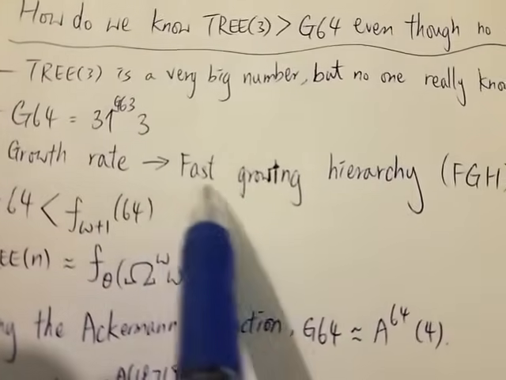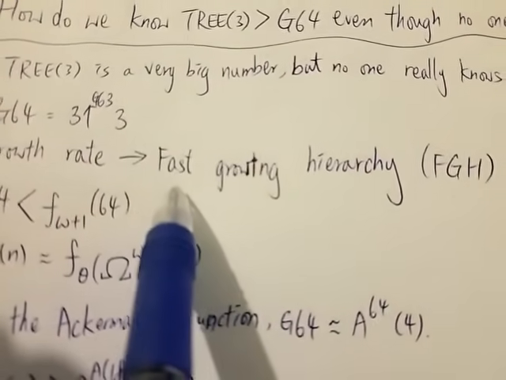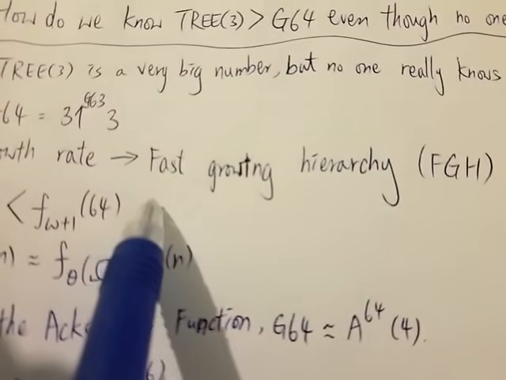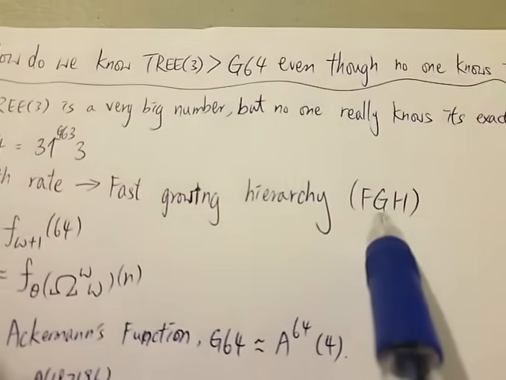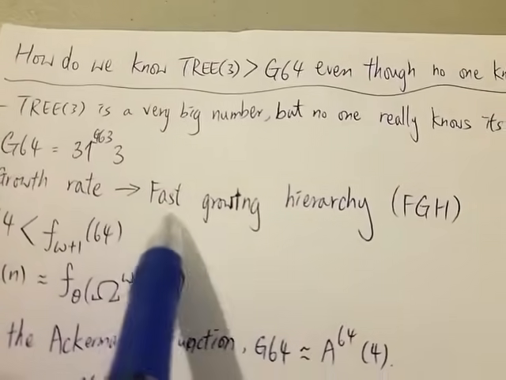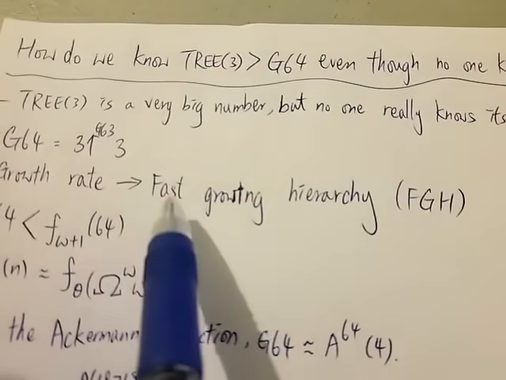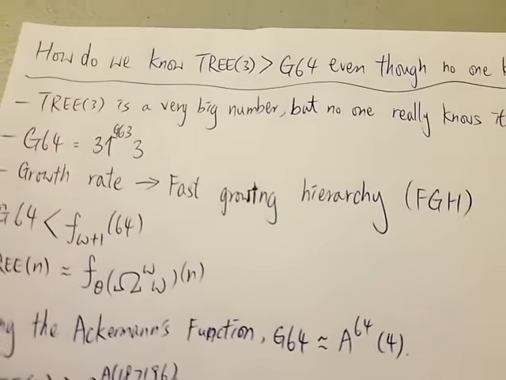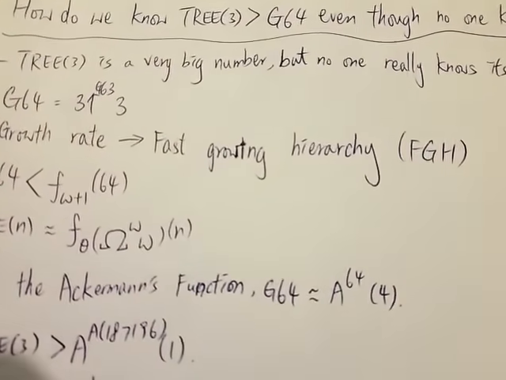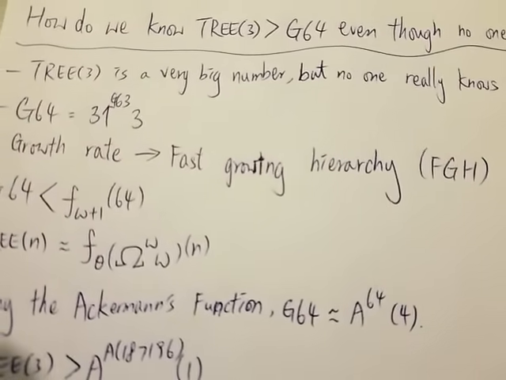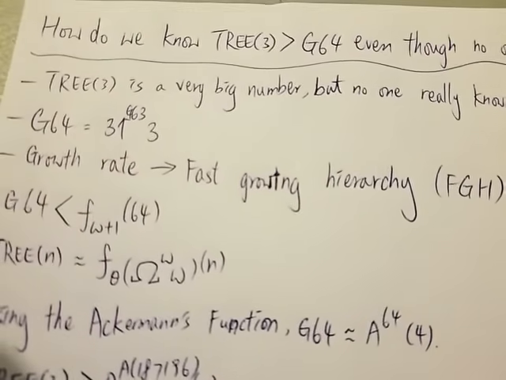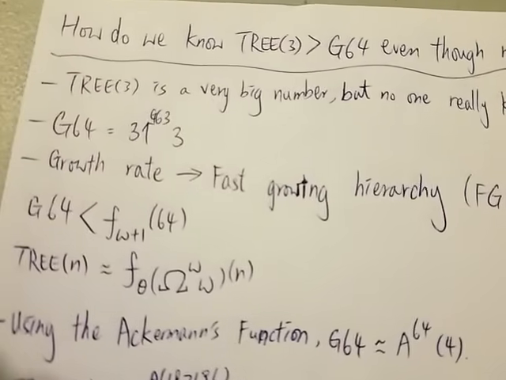We can look at the fast growing hierarchy, or the FGH. The fast growing hierarchy is a very useful tool to look at the size, or the growth rate, of big numbers or fast growing sequences in mathematics.